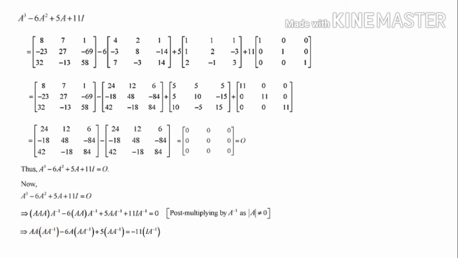6 into, again A we have to take, the last A and A inverse we have to group together, plus 5 A A inverse grouped together, equal to minus 11 into I A inverse, we are taking to the right side. We know that A A inverse is equal to I. By using that result, we will get the final result as A square minus 6A plus 5I is equal to minus 11 A inverse.